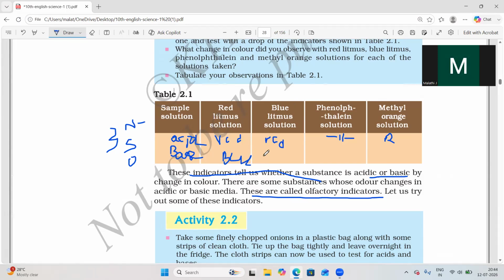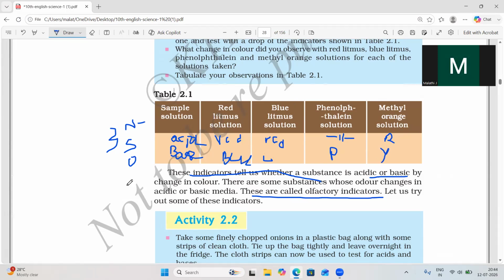Blue litmus remains the same. If we add phenolphthalein indicator to the base, it will turn pink. If we add methyl orange to the basic solution, the color of the solution will be yellow.